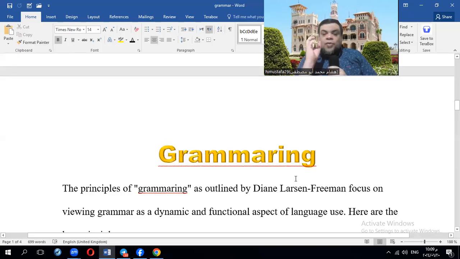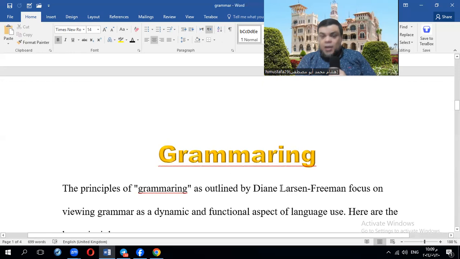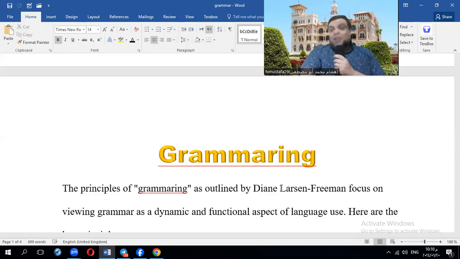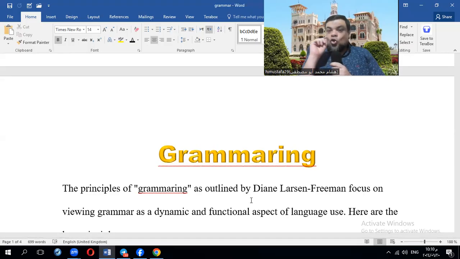Actually, this term was devised by Diane Larsen-Freeman. She was a linguist. She's still alive. She devised this concept, grammaring, which focuses on viewing grammar as a dynamic and functional aspect of language use.